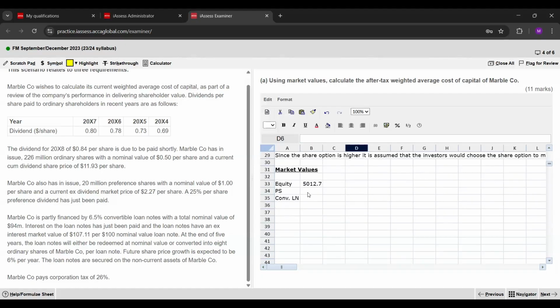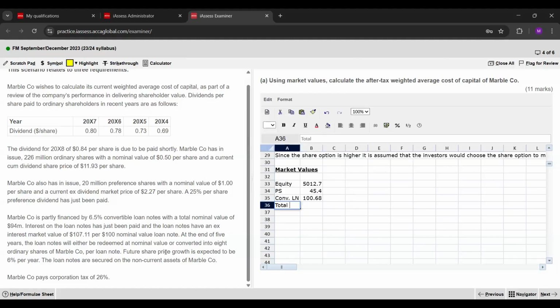There we go. Preference shares. What is the market value? We have 20 million preference shares at 2.27 per share. 45 million. Convertible loan notes. We have how much? 94 million divided by 100, into the market value of 107.1.